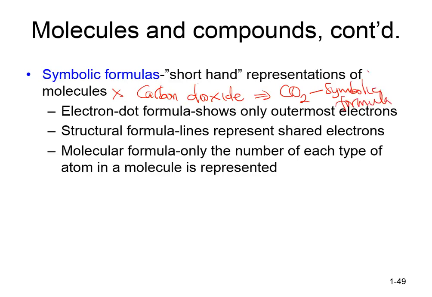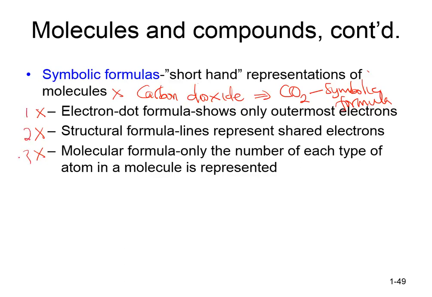We also present things like formulas and structures. All those are symbolic formulas. We have 3 types of symbolic formulas: the electron dot formula, the structural formula, and the molecular formula.